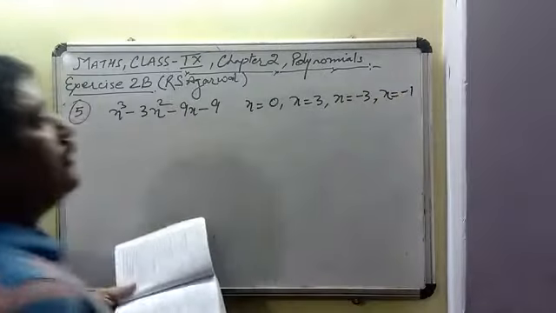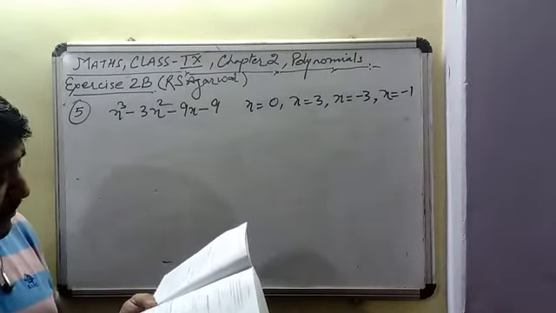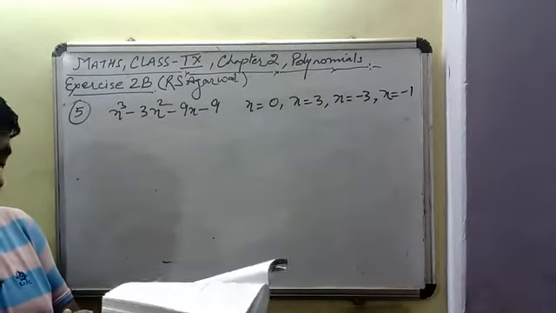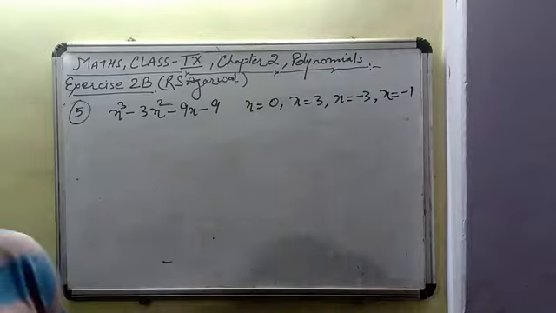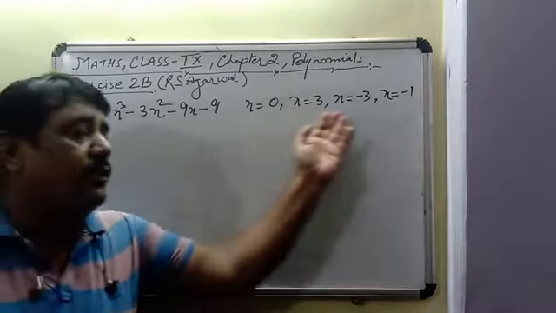We have to put 4 values for our x, and at last, what do you conclude about the zeros of the polynomial? We also have to give the zeros of this polynomial, if any of these is one.